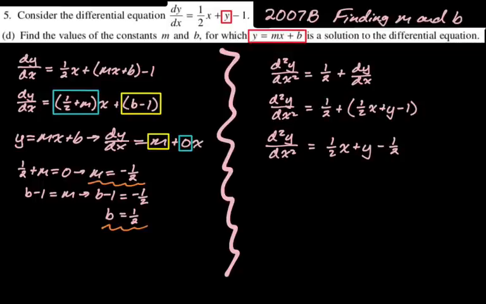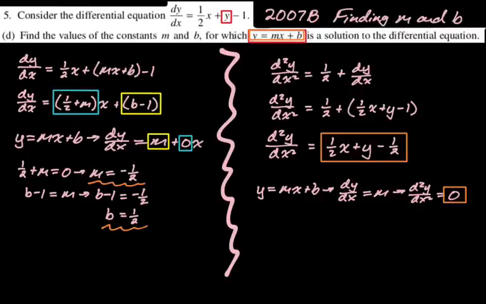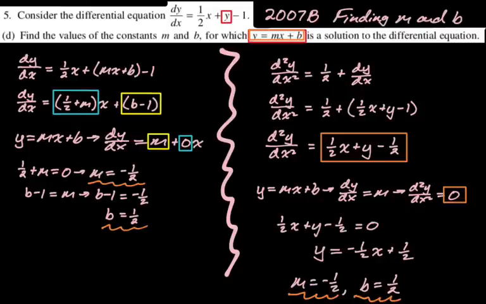Then I simplified that, so the second derivative is 1/2 x plus y minus 1/2. Now, if y equals mx plus b, which it does, then dy dx is m, the second derivative is 0, so those 2 things must be equal. That means that y is equal to negative 1/2 x plus 1/2, or m is negative 1/2, b is positive 1/2.